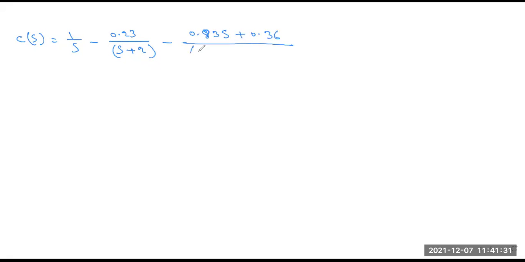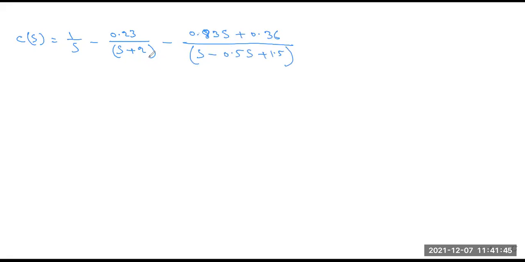So the equation is coming, that is Cs equals 1 by S minus 0.23. We have to apply the values of K1, K2, K3 and K4 also. This is another one, minus 0.83S plus 0.36 divided by S squared plus 0.5S plus 1.5. Okay, so now we have to solve these equations.